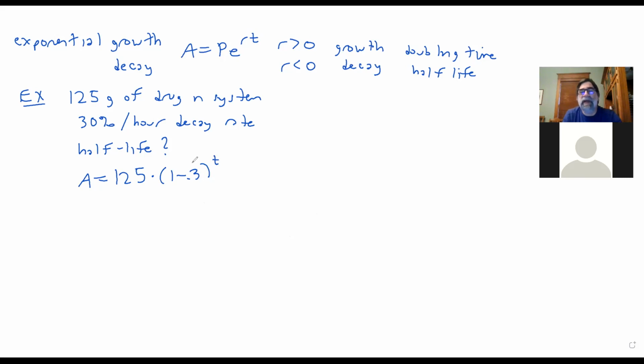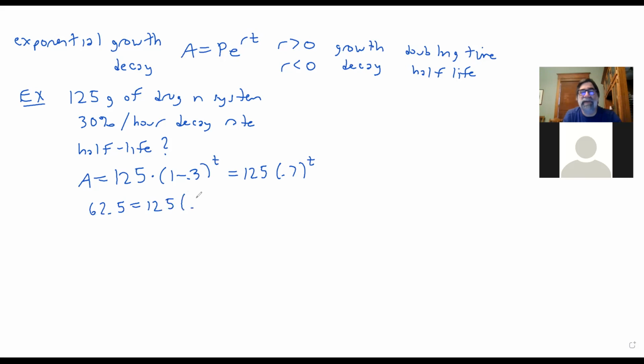Because we're decaying, r is equal to negative 0.3. So you can use this formula if you want to, or you can change it to the e to the rt formula, either way you want to do it. In order to get the half-life, you're going to need to replace a with half of the original amount, 125. Half of 125 is 62.5.